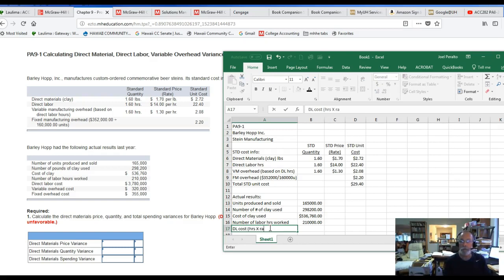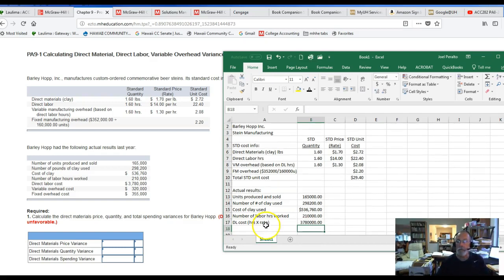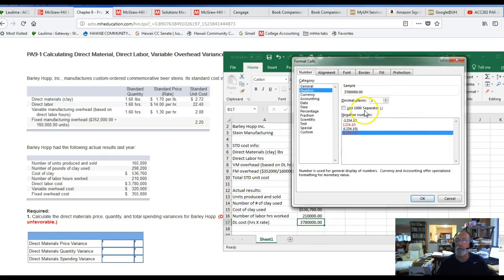Hours times rate was $3,780,000, and again this should be formatted as currency.